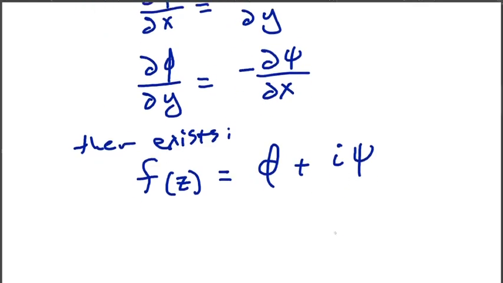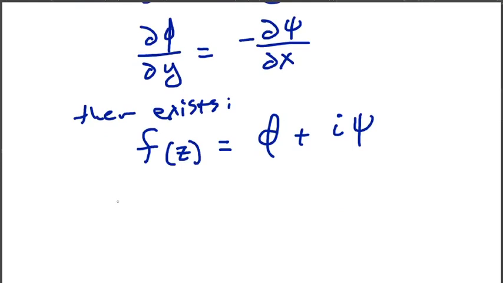And there's a related complex velocity w, which you can obtain by taking df dz, which gives you basically the potential bit coming from the first part and the stream function bit coming from the second part.